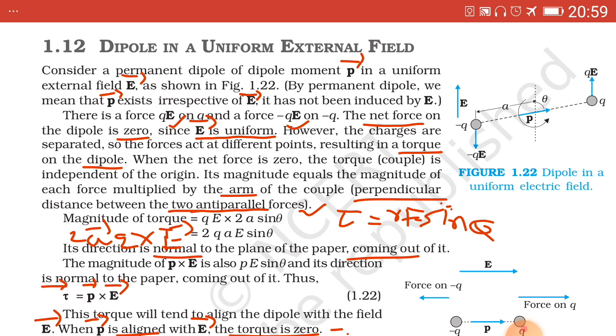See, the behavior of an electric dipole when it is placed in a uniform external electric field.